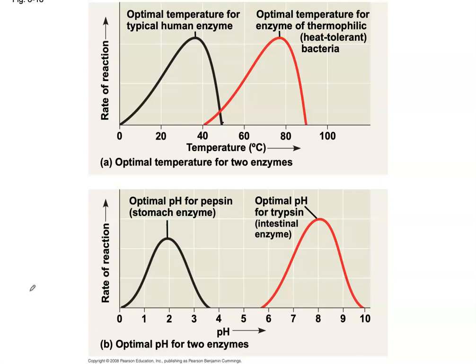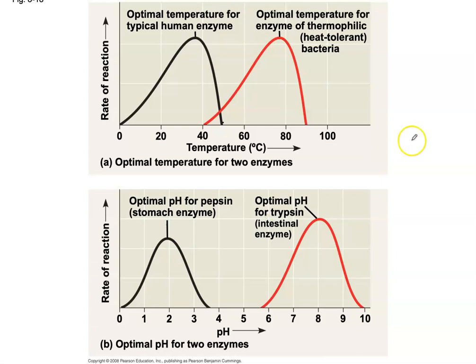In the small intestine, trypsin is released by your pancreas in a non-functional form called trypsinogen, and then it is activated in your small intestine and becomes trypsin. Trypsin also breaks down proteins, but this is only found in your small intestine.